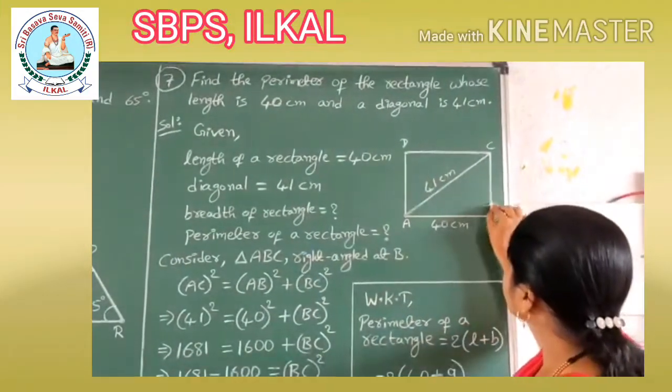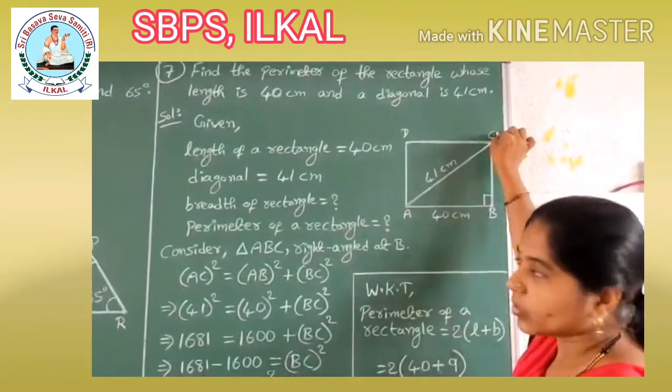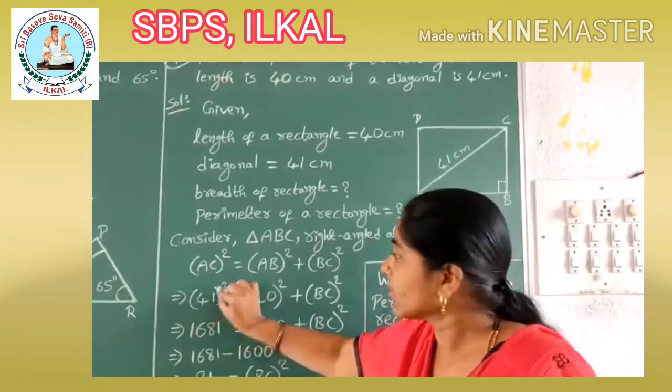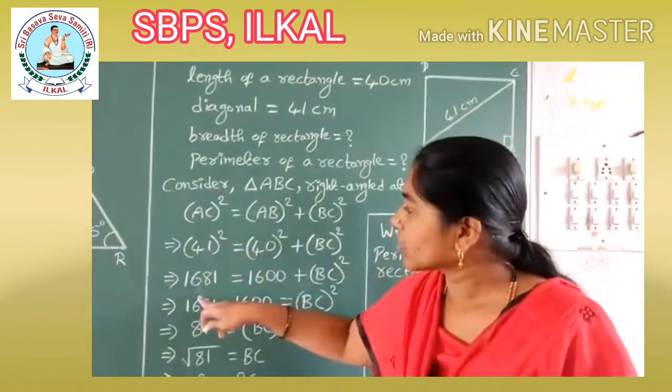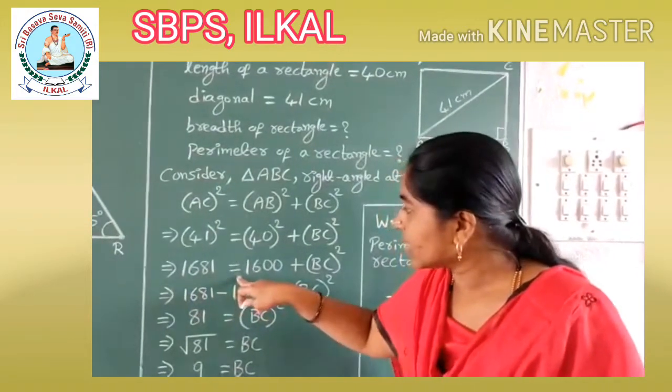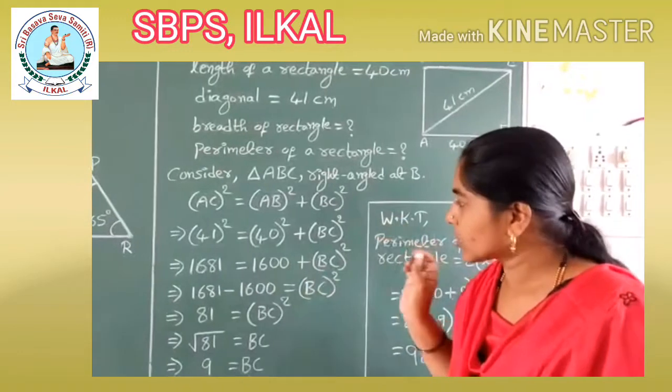In triangle ABC, AC square will be equal to AB square plus BC square. AC means 41 square, which is equal to 40 square plus BC square. 41 square is 1681, which is equal to 40 square is 1600 plus BC square.